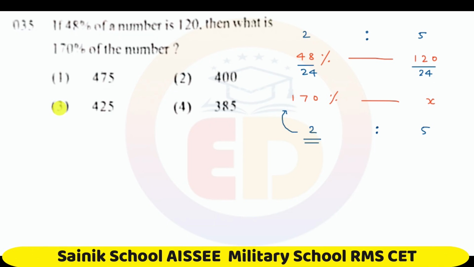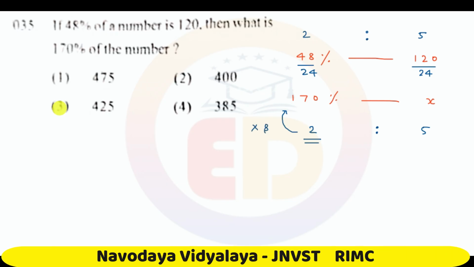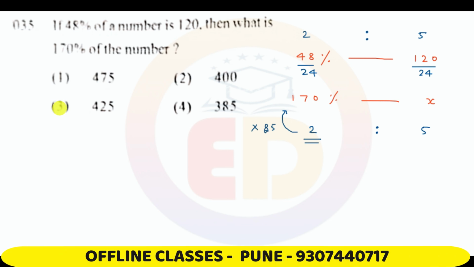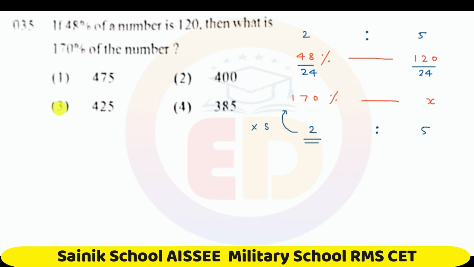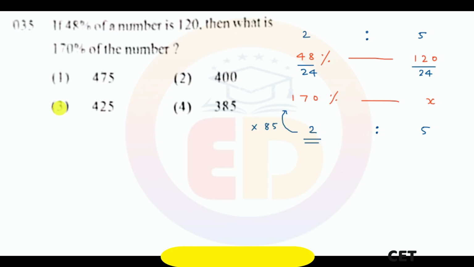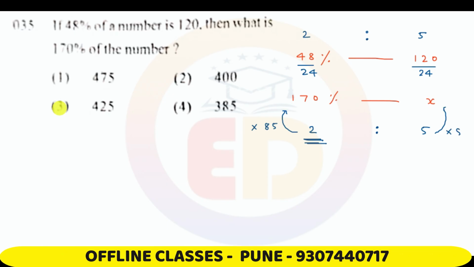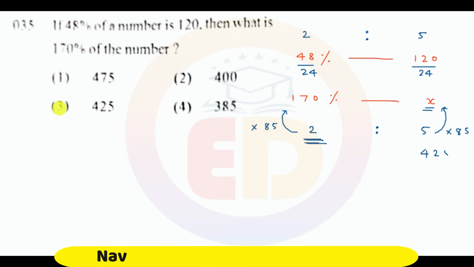So if I want to convert 2 to 170, I have to multiply the value 2 by 85. And if you are multiplying 2 by 85, you have to multiply 5 also by 85. 5 into 85 will give me the value of x. 5 multiplied by 85 is 425.